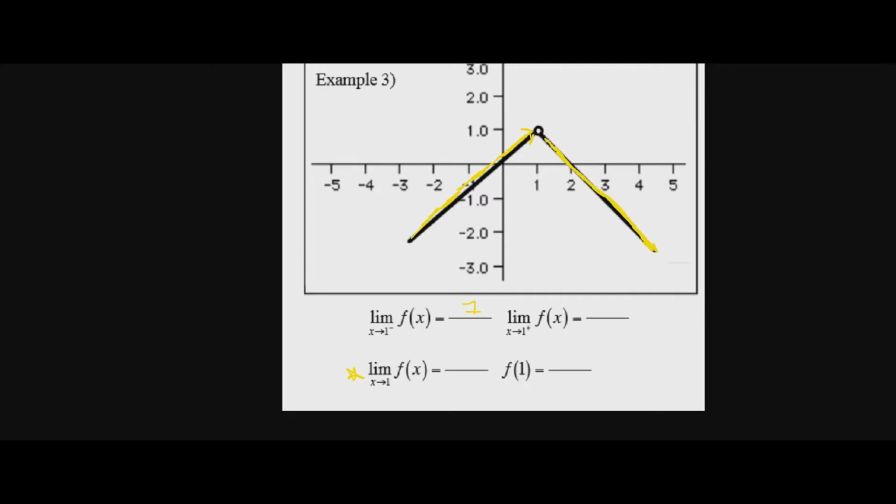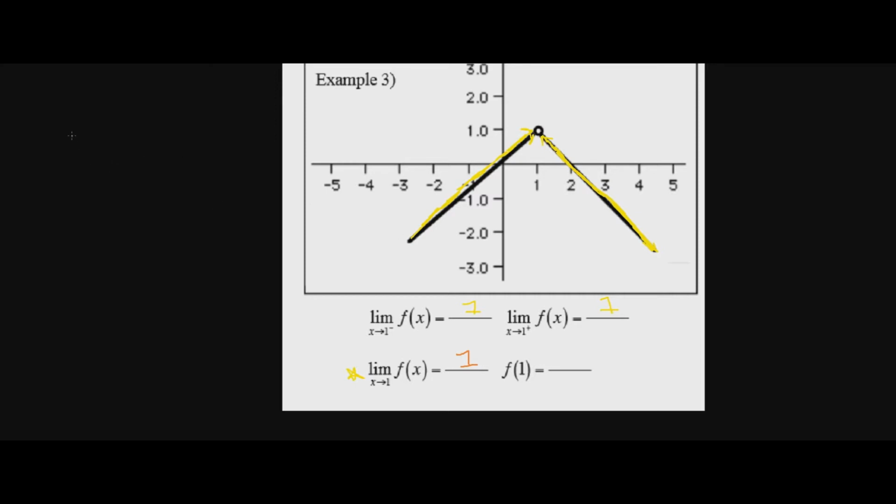As I approach it from the right, it's also approaching the y value 1. Therefore, we can conclude, because from the left we approach 1, and from the right we also approach 1, that the limit as x approaches 1 of f of x, our y value, is indeed 1. It does exist because it approaches it from the left and from the right.